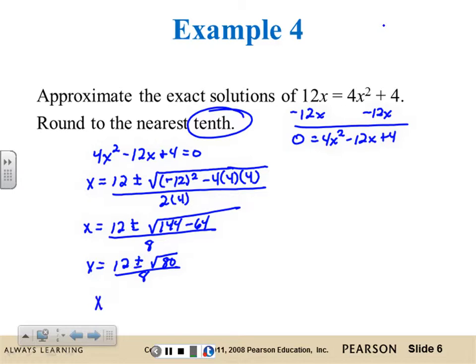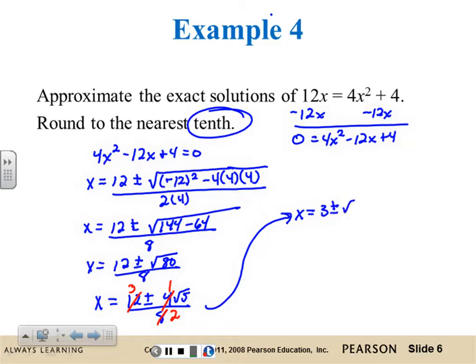Alright, so if we keep going here, we'll have 12 plus or minus 4 root 5 over 8. And so let's go ahead and reduce that, because I can reduce all of those, the 12, 4, and the 8, all the whole numbers by 4. So that's going to give me 3, 1, and 2. So coming up here, we have x equals 3 plus or minus root 5 over 2.